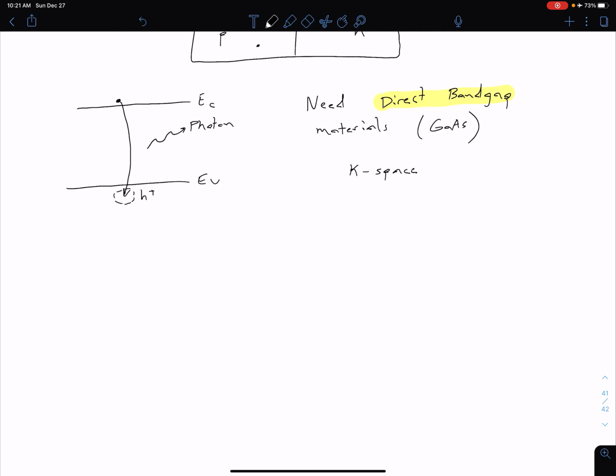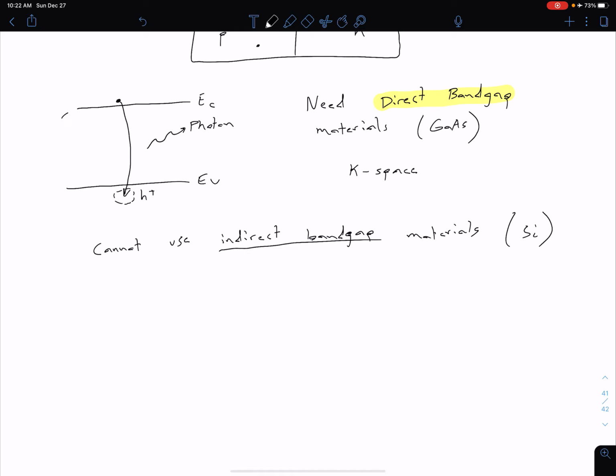So the opposite of direct band gap is indirect band gap, and we cannot use indirect band gap materials. An example of that would be silicon. Of course silicon is a very common material, but because it's indirect band gap, we can't use it for LEDs.